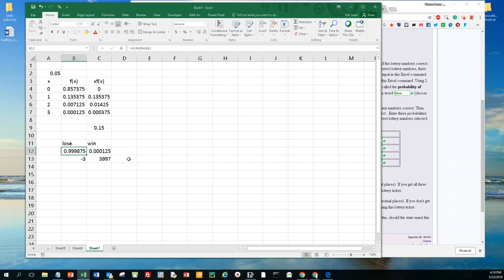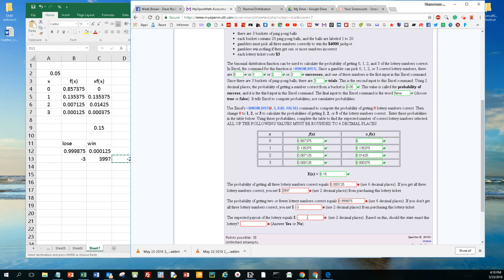Okay, so to calculate the expected winnings, you take how much you'll win and its probability, plus how much you get if you lose times its probability. And so you're going to lose $2.50 on every $3 you bet over the long run.